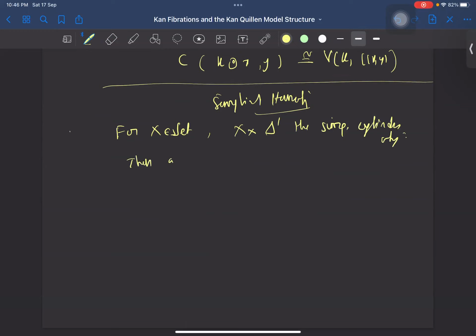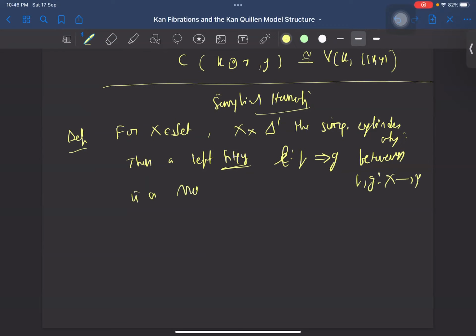Then a left homotopy, this is what I mean by homotopy, between these morphisms, is a morphism from the simplicial cylinder such that the following commutes.